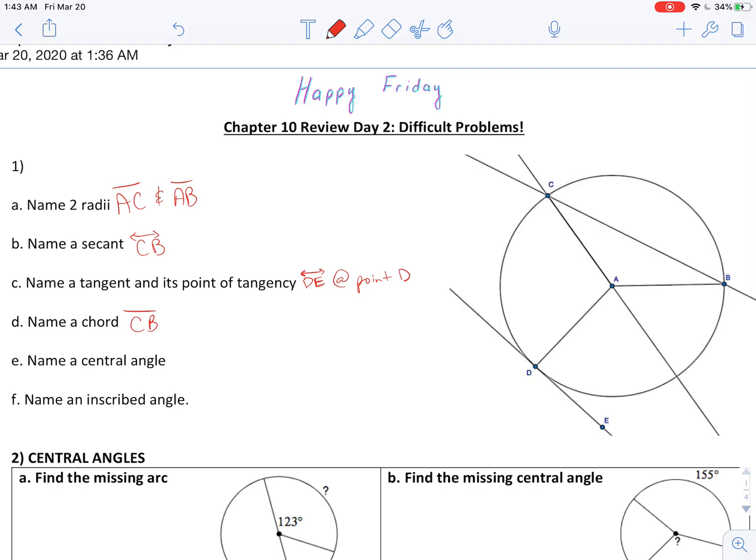Now, a central angle, I guess use a lot of central angles. CAB would be one. BAD would be one, the bad angle. And then an inscribed angle, and this is an angle where it's got a vertex on the circle.